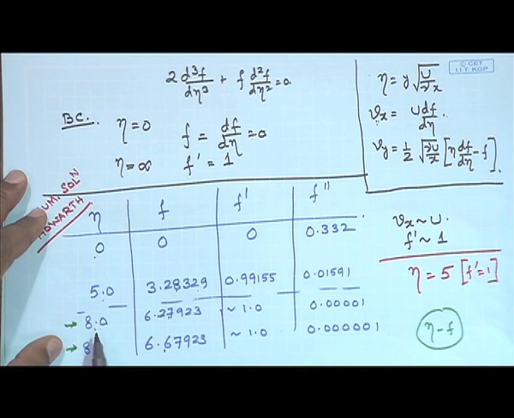So it really does not matter if you know the value of eta minus f at 8, at 8.4, at 100, at 1000 or at 10 to the power 5. The difference will always remain the same. That is something which you have to identify from the numerical value table that is provided.